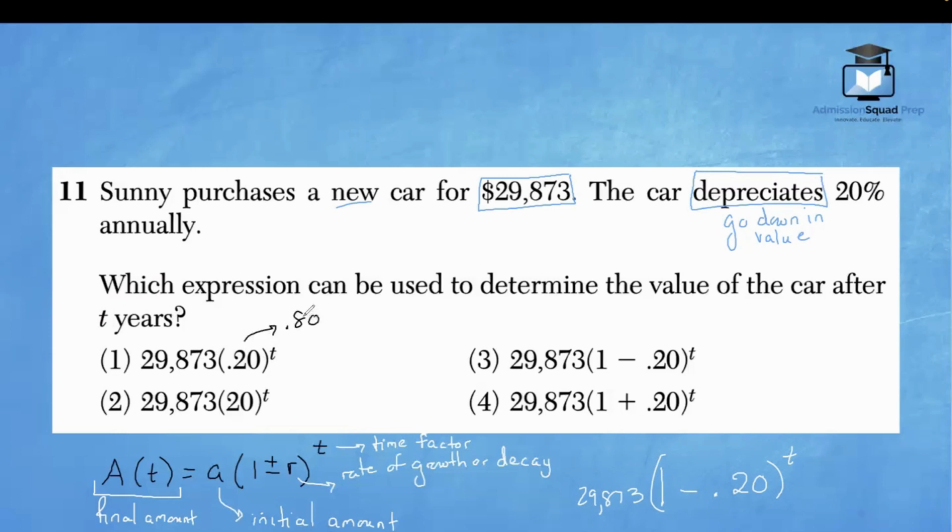We should have 0.80 if we're not going to have the 1 minus or 1 plus, so to speak. So that's why we know for sure that answer choice 1 and 2 is completely incorrect. And then when we take a look at answer choice 3 and 4, because answer choice 3 has the subtraction operation, that lets us know that we have the correct answer.